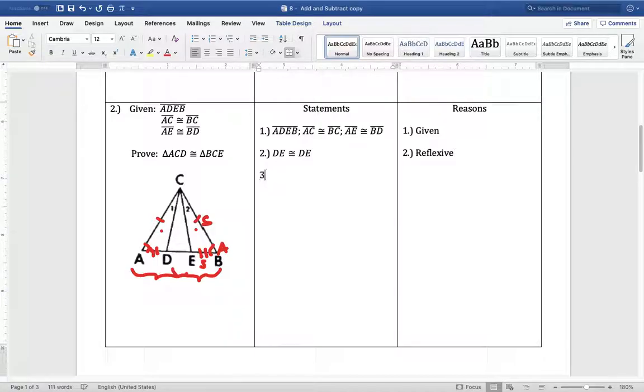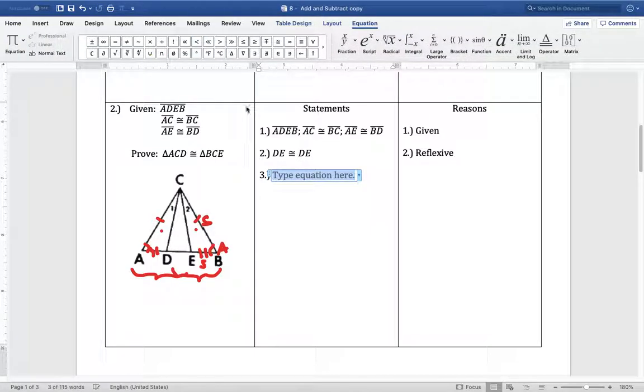And then here's the subtraction part. I want to say eventually that AD is congruent to BE. So what I'm going to do is start by saying AE minus DE is equal to BD minus DE, and that'll get you BE is congruent to AD. So it's just like the last one. We're going to write a little equation. I'm going to say AE minus DE is equal to BD minus DE.